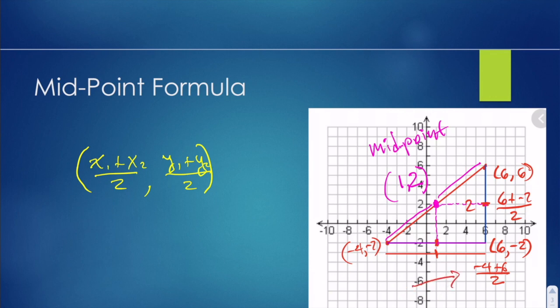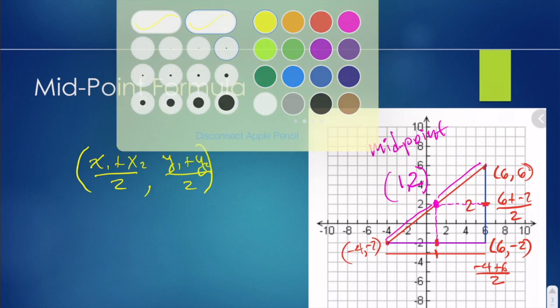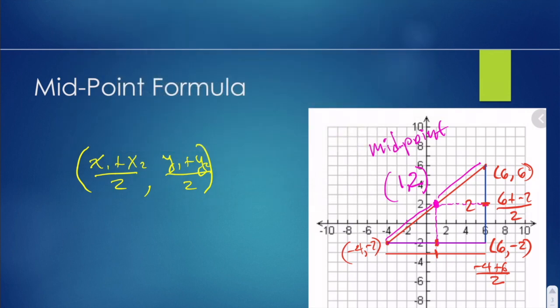Let's look at the x coordinates. Well, the x coordinates were -4 and 6, and when I added those together, I got 2 and divided that by 2, and that's what gave me this part of the midpoint formula there. So if I then add those two together, we ended up with something that looked like this. -4 plus 6 divided by 2, comma, 6 plus -2 divided by 2.